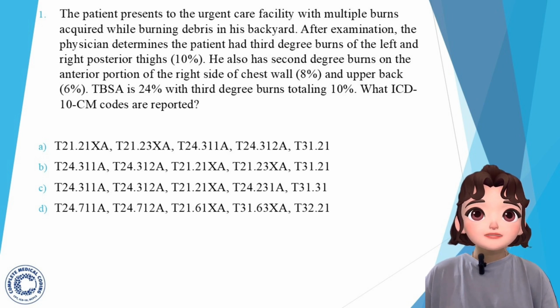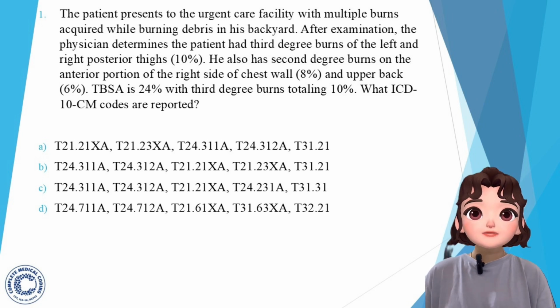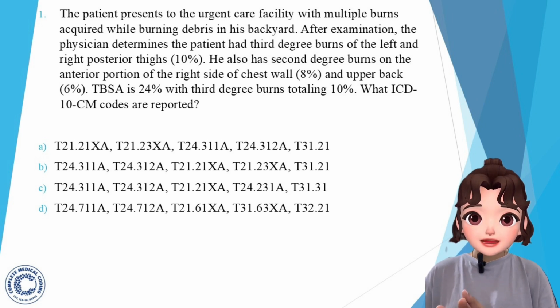Here the patient is having third-degree burns of left and right posterior thigh. So you have to code for third-degree burn of left thigh and third-degree burn of right thigh.